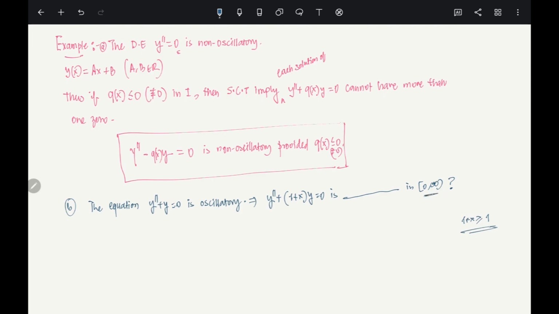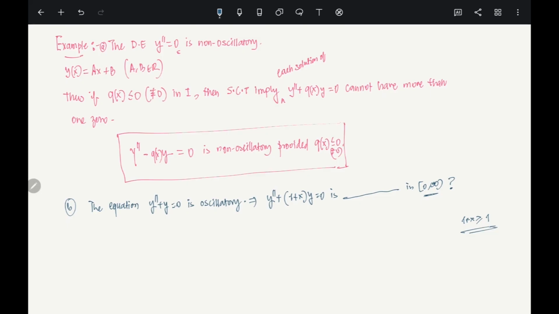Any solution of y double prime plus y equals 0 is oscillatory, so what can we say about any solution here? You will have oscillation here. But please do it yourself and think about why it is true. Is this okay? Right.